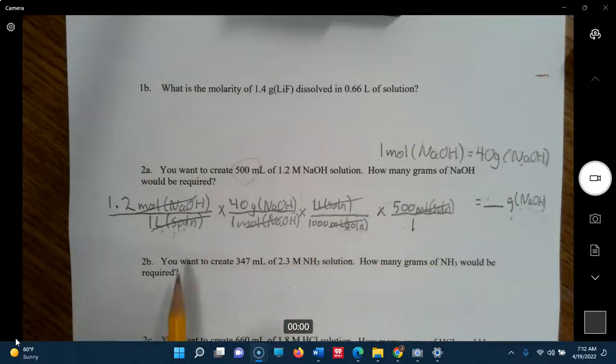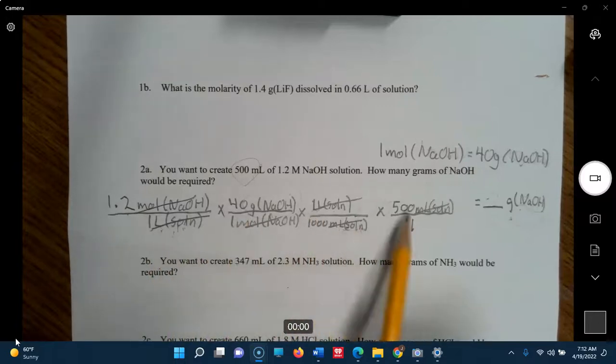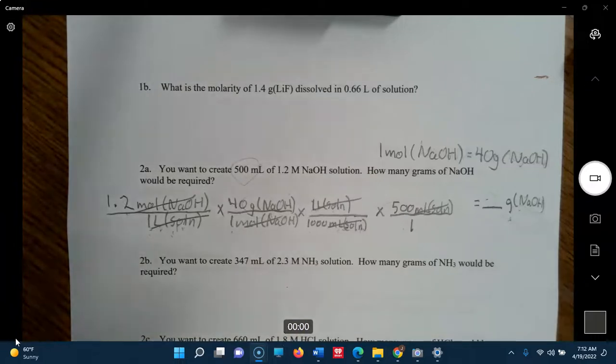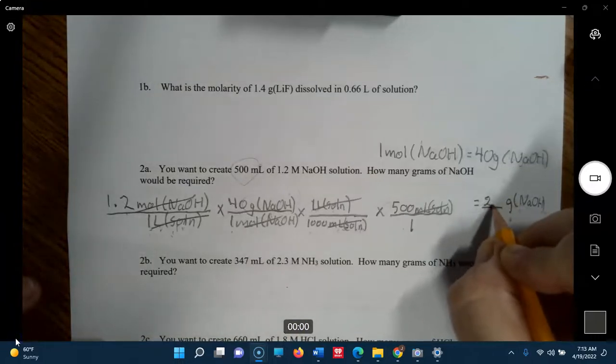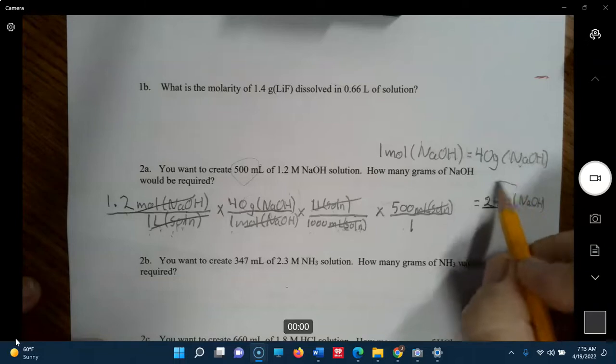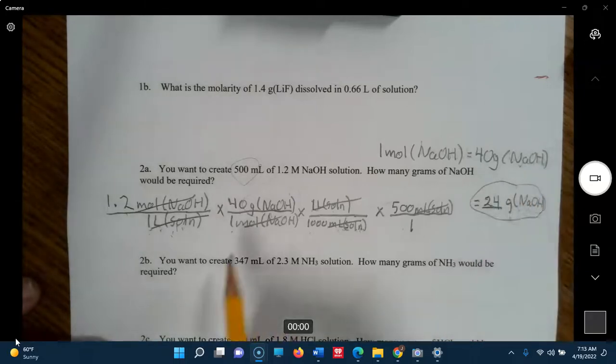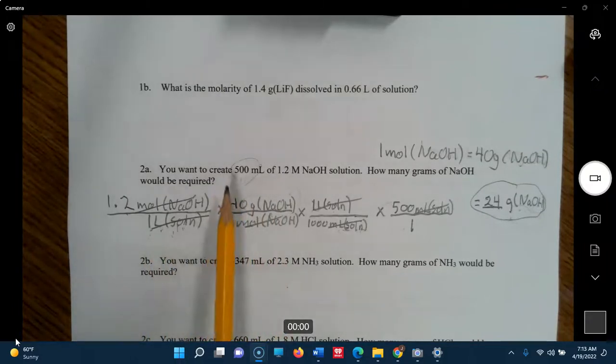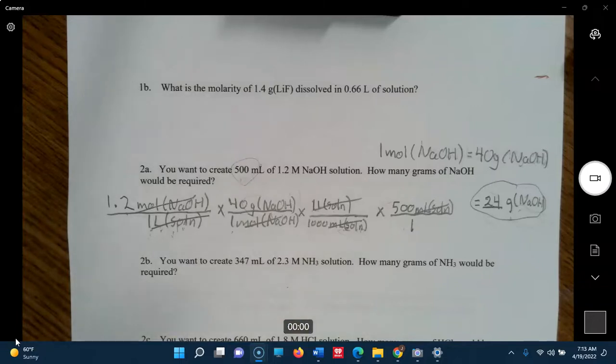That's what we want. So it's going to be 1.2 times 40 times 1 times 500 divided by 1 divided by 1,000, and that gets us 24 grams. So you'd need to put 24 grams in to 500 milliliters of water. Really, that's going to make the volume increase slightly. And that would give you 1.2 molar NaOH solution, okay?